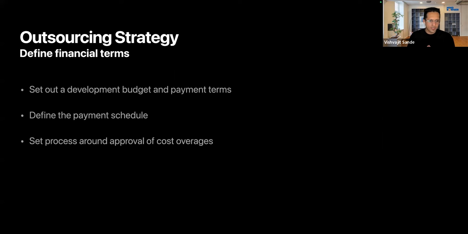The third is to set a process around approval of cost overages. I've seen instances where there is not a proper cost approval process defined for a project. This usually happens when a fixed cost project is going on and some additional features are to be built. The normal approach is for a provider to estimate it, get back to the customer, and say this would be the time and cost required, get an approval, and then build it out.